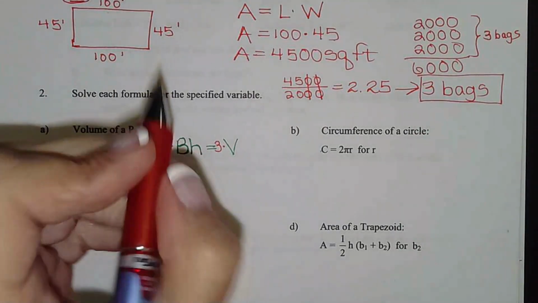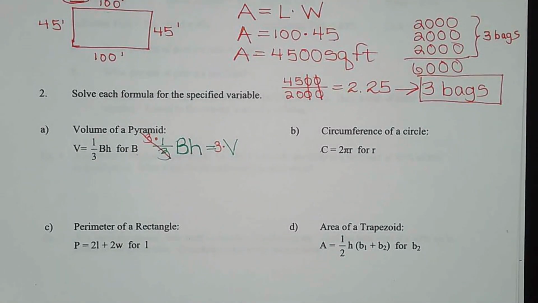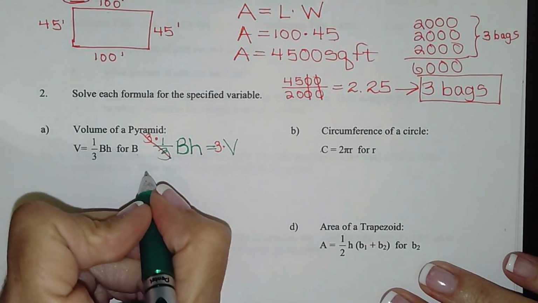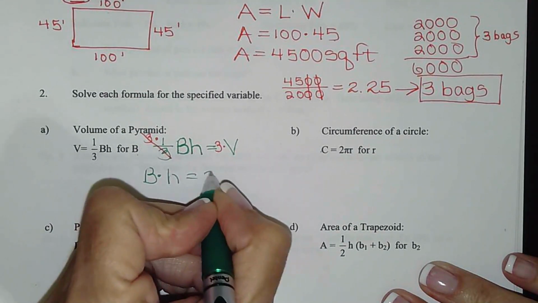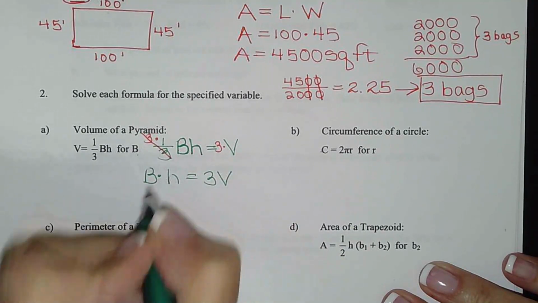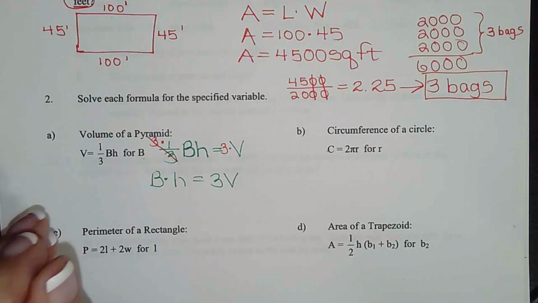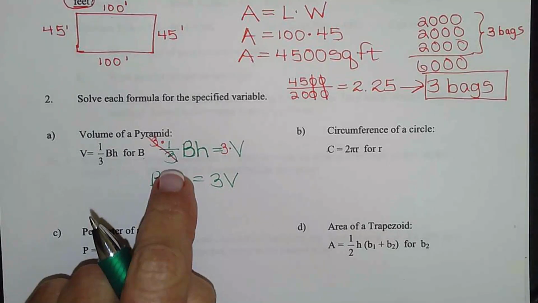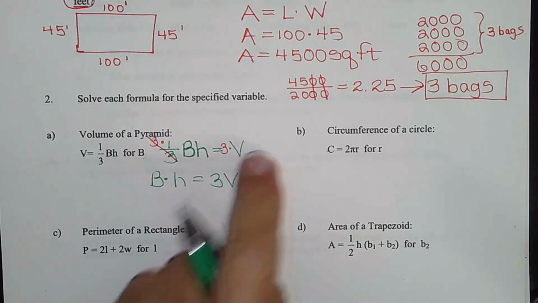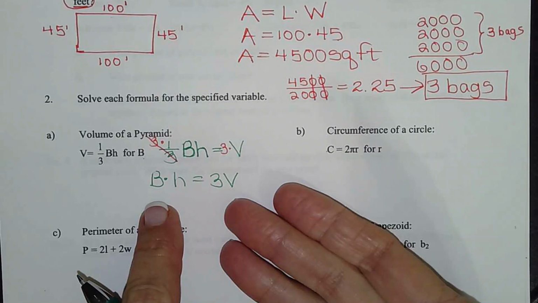Get rid of the fractions. And so I'm left with 1BH, which is just B times H, equals 3V. So look what an easy problem it is now. All you had to do was remember to get rid of fractions first, and now it's a one-step problem.